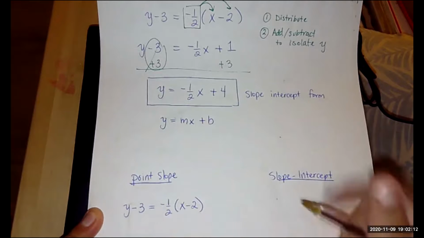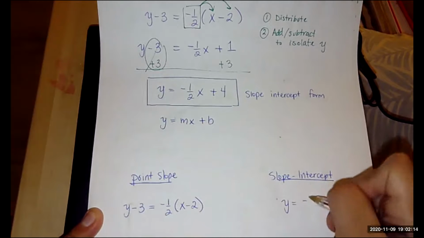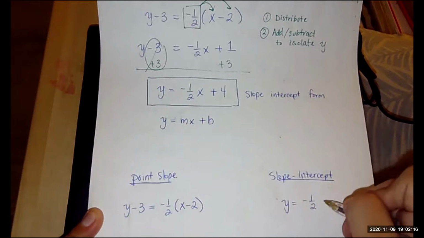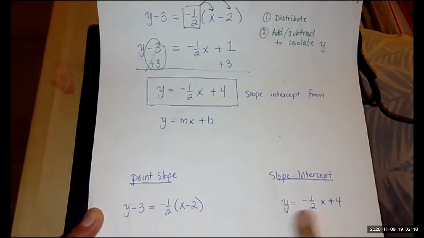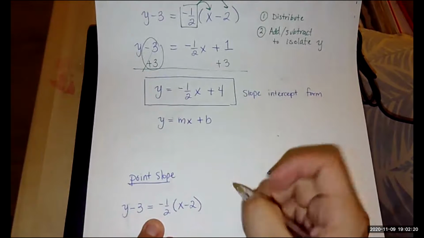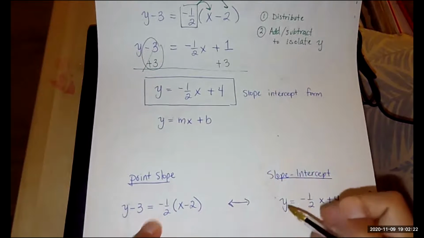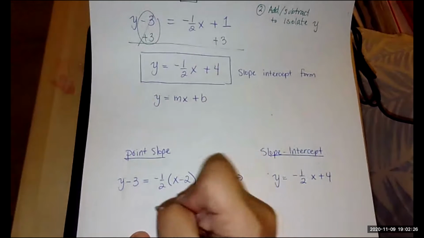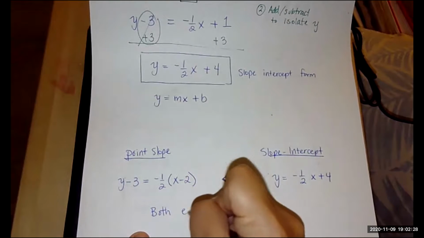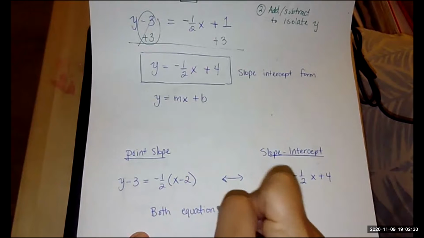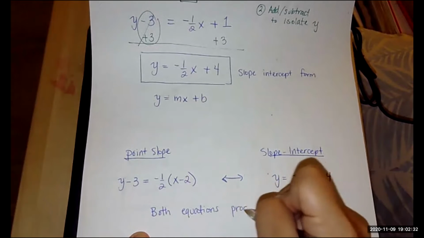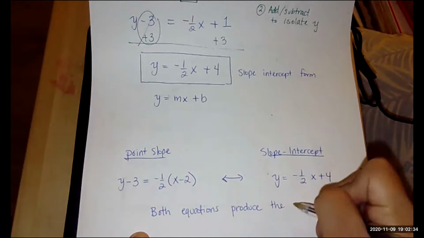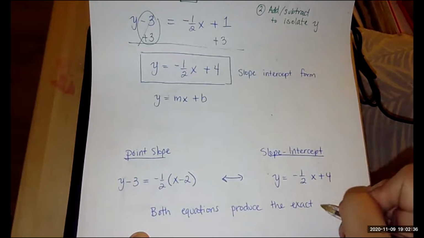And that's related to this thing, y is equal to -1/2 x plus 4, that somehow these two equations are related to each other. In fact, they give you the exact same graph. So both equations produce the exact same graph.